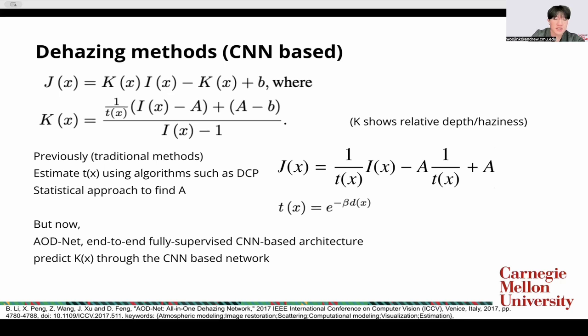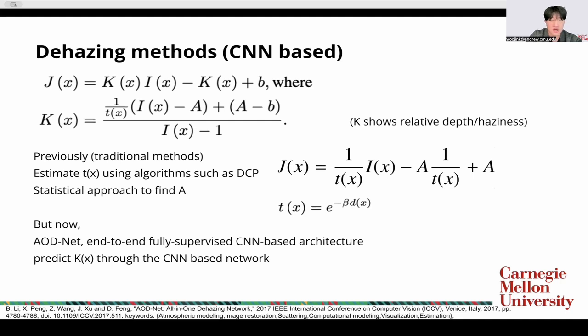Previously, in the traditional methods, there were algorithms such as DCP that estimated T(x), and people often use a statistical approach to find A. But now there's a CNN-based architecture called AOD-Net, which is an end-to-end fully supervised CNN-based architecture that tries to directly estimate this K term through the network.